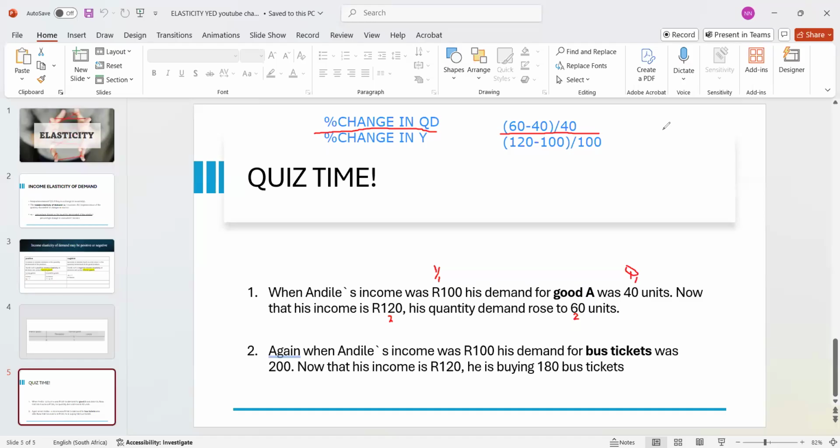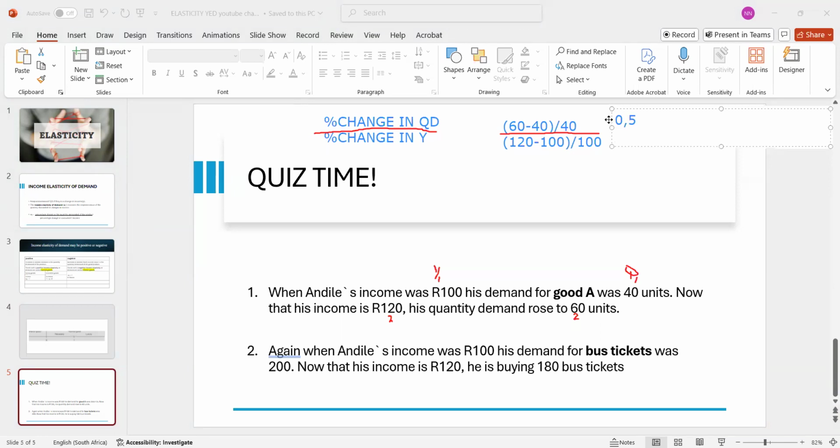Okay, let me just do it step by step. Maybe my calculator has a problem. So let me just say 60 minus 40 divided by 40. I'm getting 0.5. So the percentage change in quantity is 0.5.